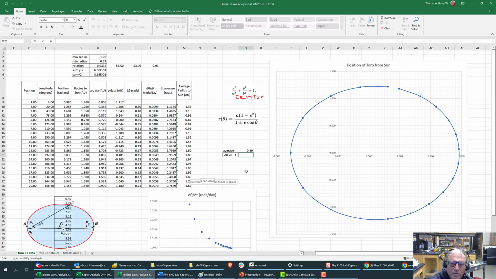From 20 to 1, the final position is the number of radians at 1, and the initial position is the number of radians at 20 minus 2 times pi. And that's just pi, in parentheses.